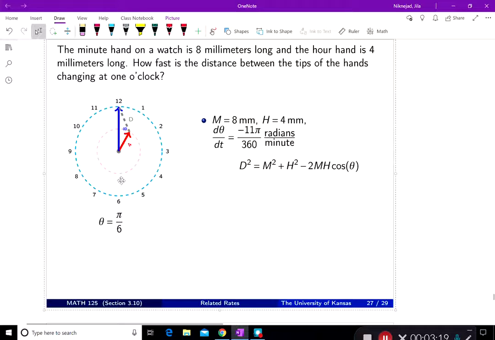That is 2 pi divided by 12. So theta at the moment that we're discussing is going to be 2 pi divided by 12, which is pi over 6.